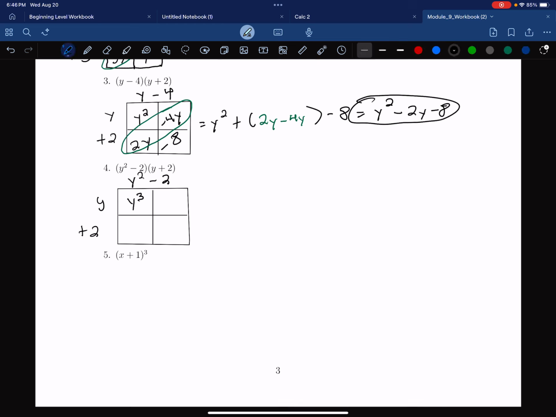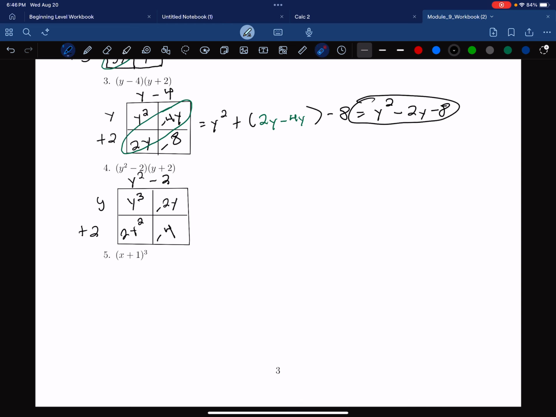So this y times negative 2 is going to be negative 2y. And then here we have 2 times y squared, or positive 2 times y squared. And that is going to be 2y squared. And then here we have positive 2 times negative 2. Positive times a negative is a negative, and 2 times 2 is 4.